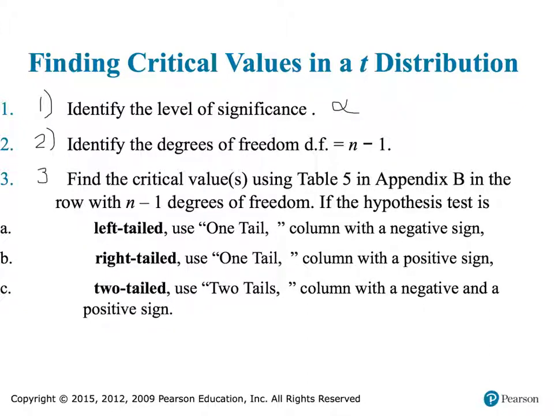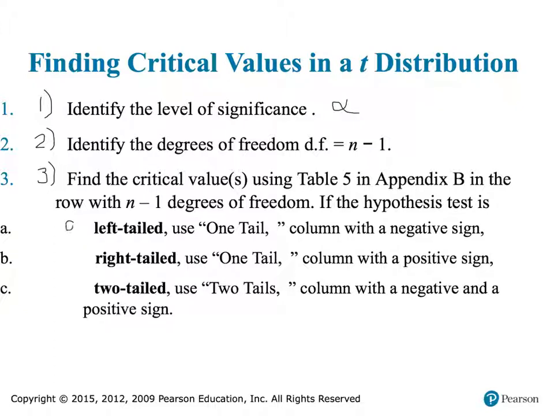Third, use our table 5 that we have for t distributions and find the appropriate critical value. Okay, that appropriate critical value is either going to be one that we obtain if we have a left-tailed test, a right-tailed test, or a two-tailed test.